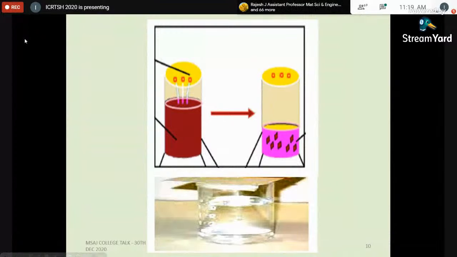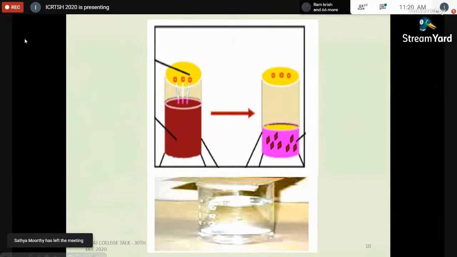From those lattice parameters, if it is an already solved crystal, we can identify it and utilize it for some other purpose. If it is a new crystal, then the parameters or data will be new. So this is the representation of the growth method by the solution growth technique. Next slide, please.